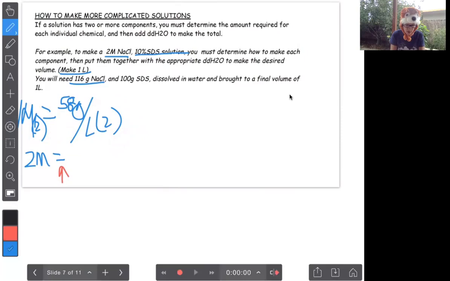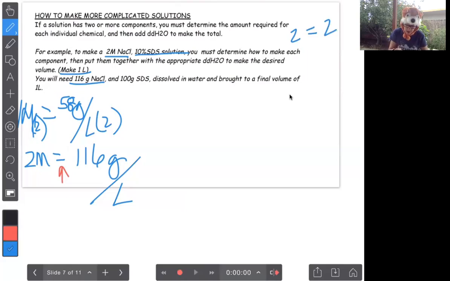And what does it give you over here? 116 grams per liter, right? Yes, that true? If I want to make some stuff up, right? If I say 2 equals 2, we all buy that. That's equivalent.